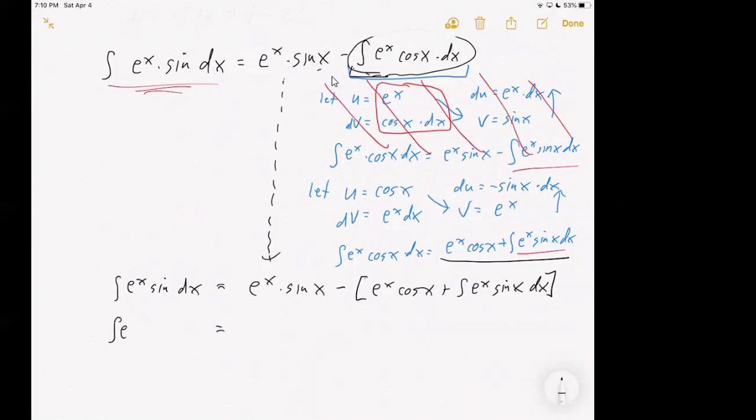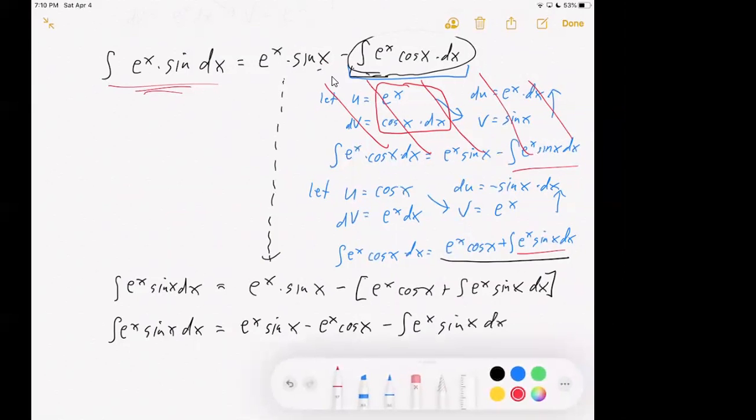So we can say the integral of e to the x sine x dx, and I'm copying this on purpose, is equal to e to the x sine x minus e to the x cosine x, okay, minus the integral of e to the x sine x dx. Now here's the really nice thing, okay?